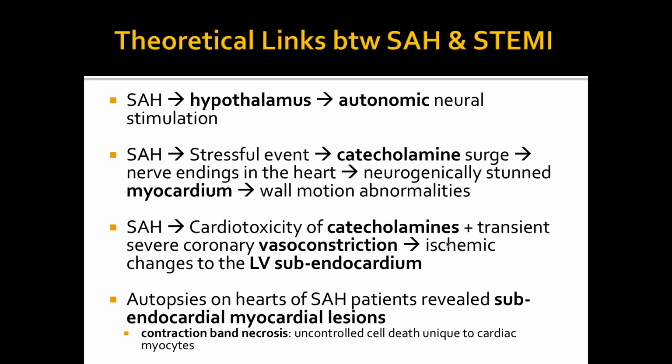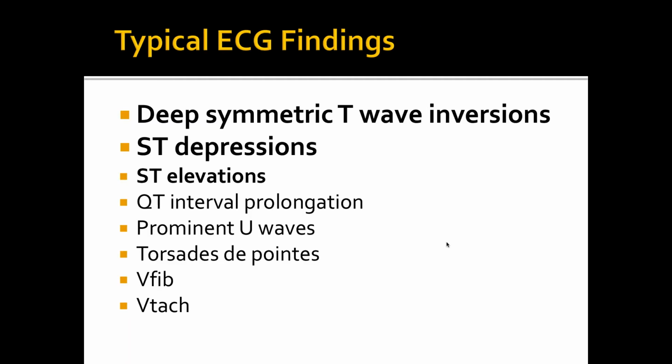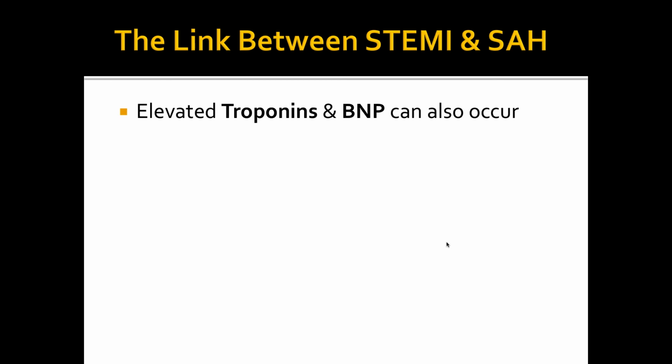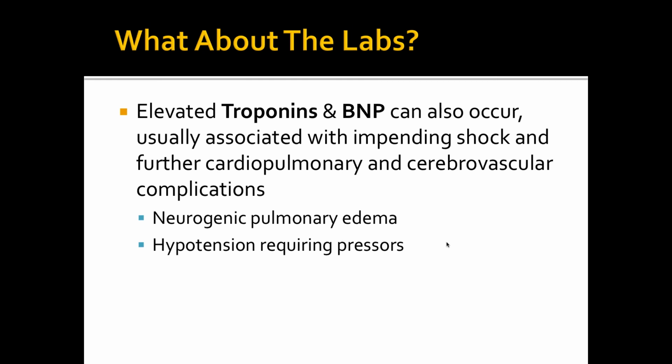So, there is a link between cardiovascular changes and subarachnoid hemorrhages. And not only do you see ST elevations, you get deep symmetric T wave inversions, ST depressions, QT prolongations, U waves, torsades, V-fib, V-tach. A lot of these EKG changes. Elevated troponins and BNP also occur with subarachnoid hemorrhages, and they're usually associated with impending shock, things like pulmonary edema or profound hypotension requiring pressors.